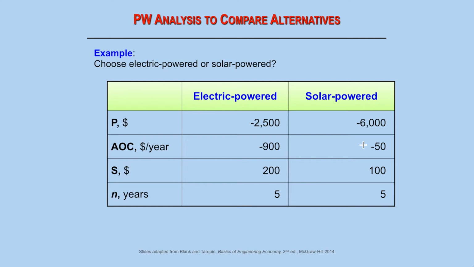As you can see, the comparison is not straightforward, because even though the solar powered equipment has a more expensive first cost, its annual operating cost of $50 is much cheaper than the annual operating cost of the electric powered equipment, which is $900. By using present worth analysis, we can arrive at a fair basis for comparison. We can convert all these different cash flows into a present worth value, which then becomes the basis for comparison and for selecting the most economical alternative.